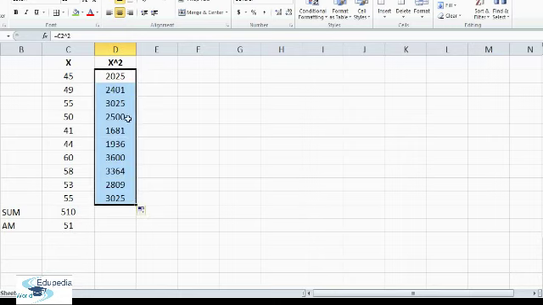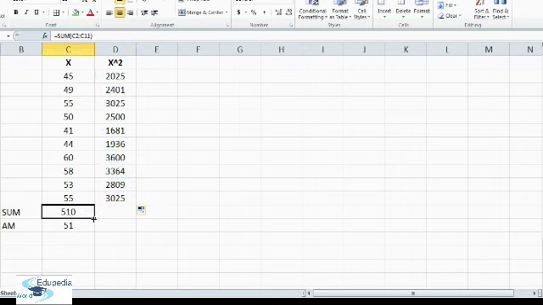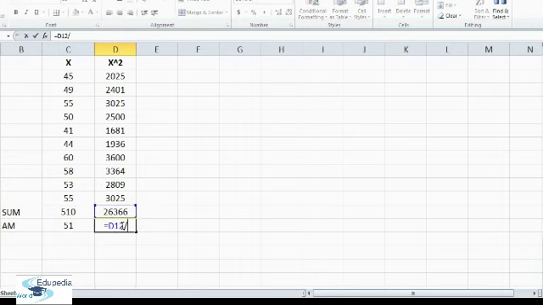So these are the squares of the individual observations. I need to find the mean of this. What I do is simply take the sum of these and then divide them by 10. So it is this value divided by 10. I have the mean of the squares.